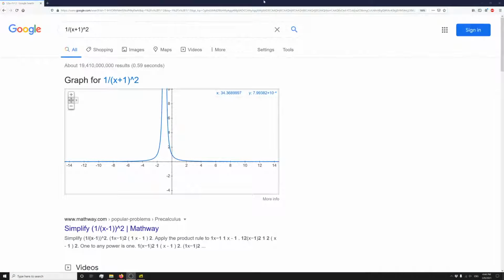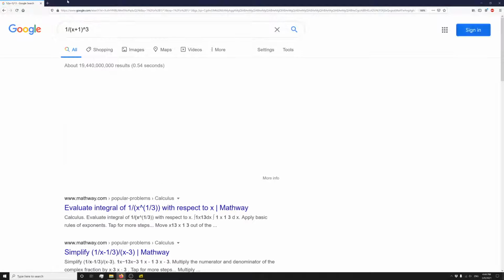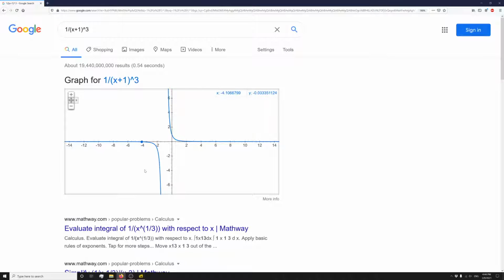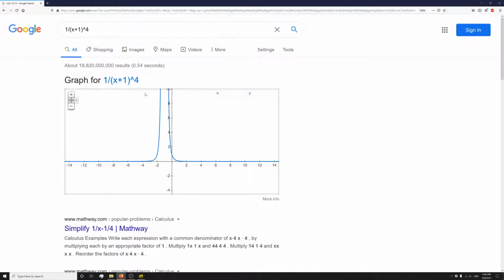So when it's even, both go up, and when I have it cubed, one goes down and one goes up. Now when I go up to the fourth, you'll see that both go back up. It's that squaring effect: when you take a square of something, it's always going to be positive. That's why we have both going up.